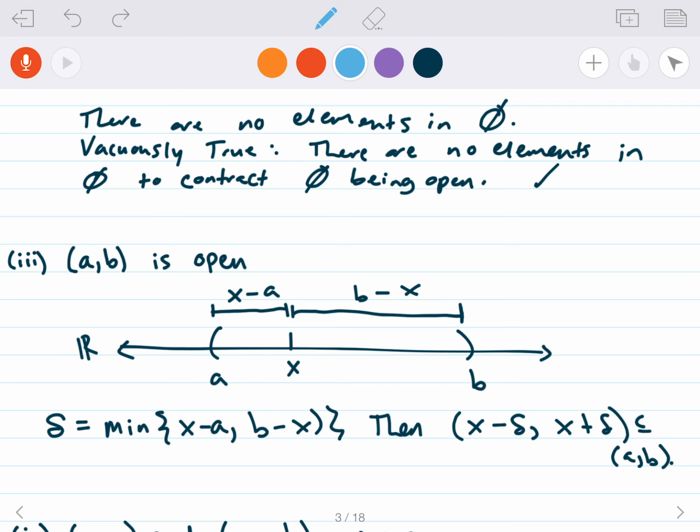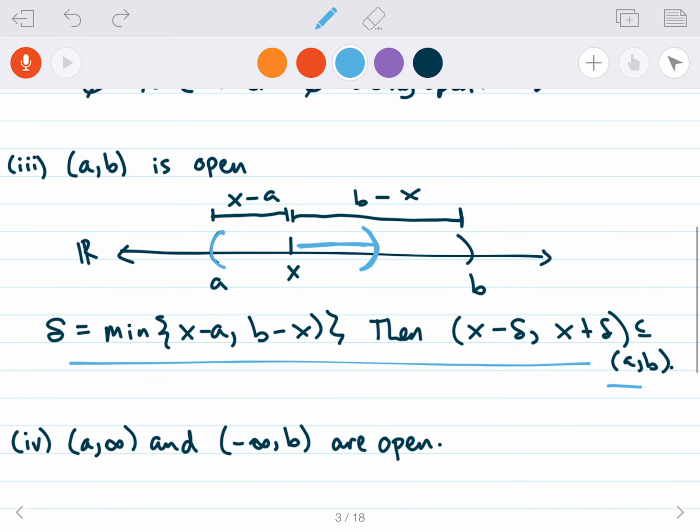The way I've drawn the scale here, you can see that this one is the minimum distance. So I can make a neighborhood with this distance because this is smaller than this distance, so this neighborhood is certainly going to be contained in here. This distance x minus a is smaller than this one. So that's the idea here. Every open interval is going to be open.